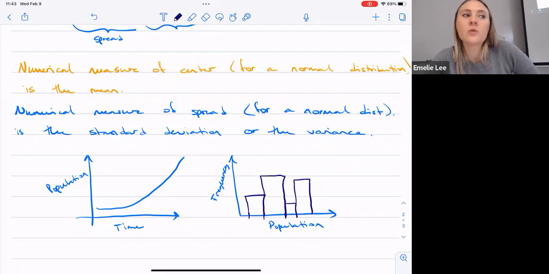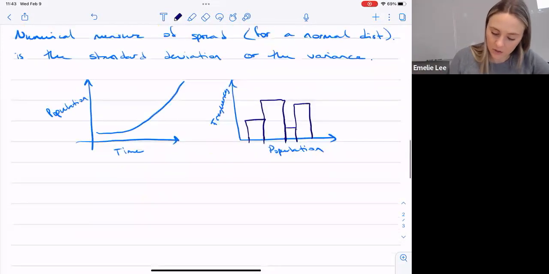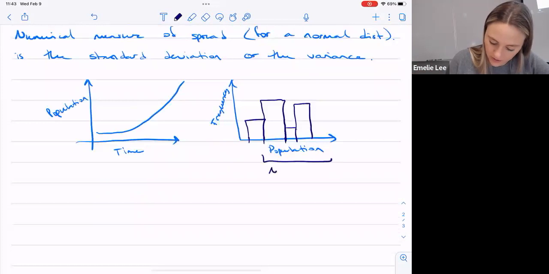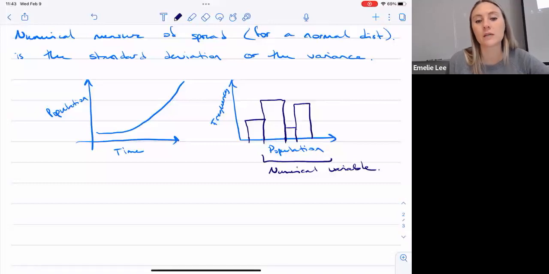As long as you have a numerical variable, you can make a histogram. And that's usually how we visualize a numerical variable, with a histogram, but it has to be numerical, right? So this has to be a numerical variable in order to make a histogram.